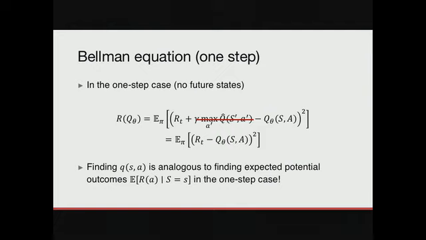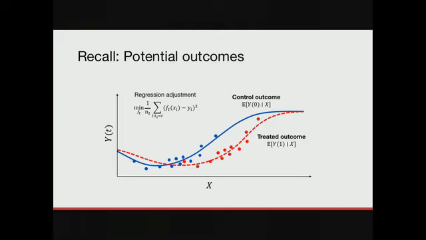I've said this before, if we have a single time point in our process, the problem reduces to estimating potential outcomes, just as we saw it last time. We have curves that correspond to the outcomes under different actions, and we can do regression adjustment trying to find an F such that this quantity is small, so that we can model each different potential outcome.